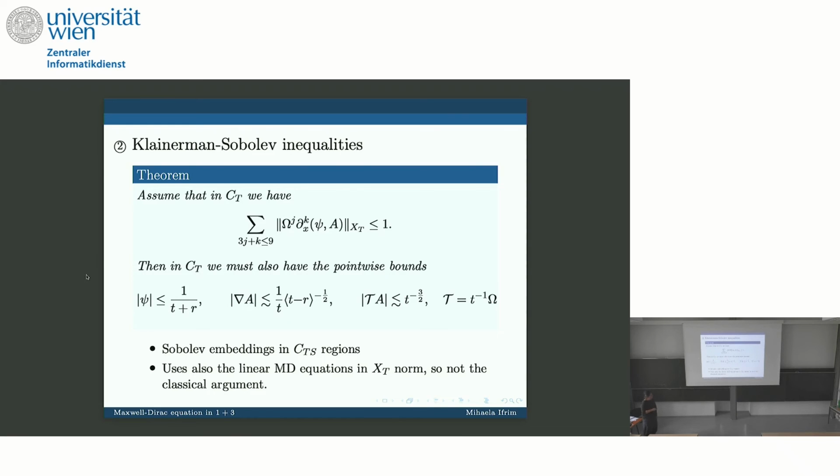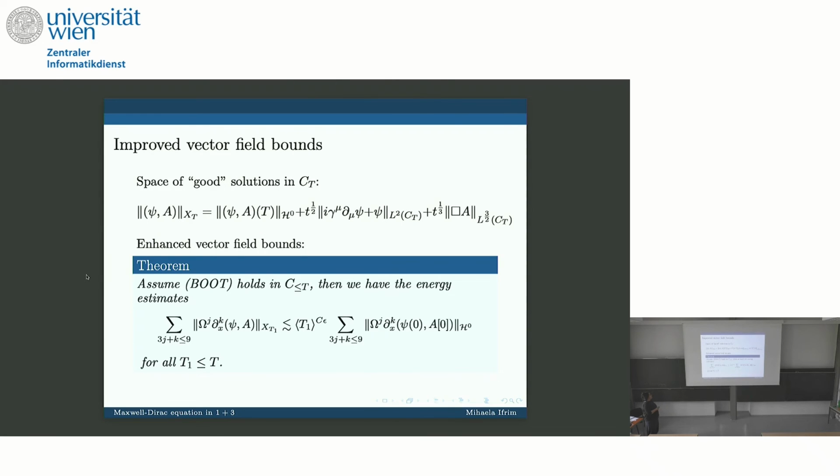This is actually not related to the problem, because what I meant is that if you're going to use these improved vector fields bounds, you have this growth that shows up. So if you're really talking about the Maxwell-Dirac system, you're going to get T to the C epsilon times the smallness, which is epsilon.